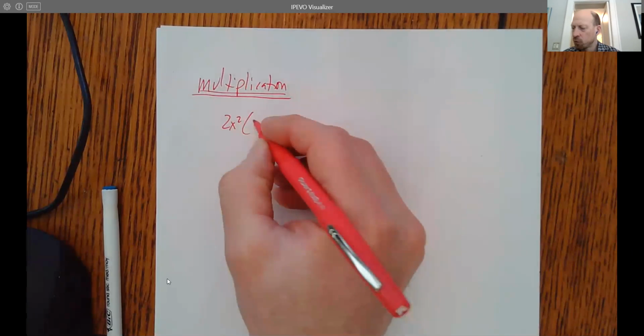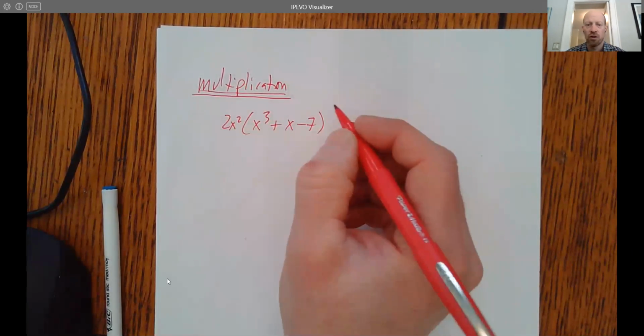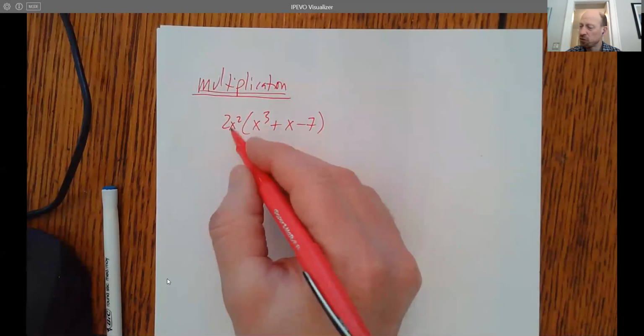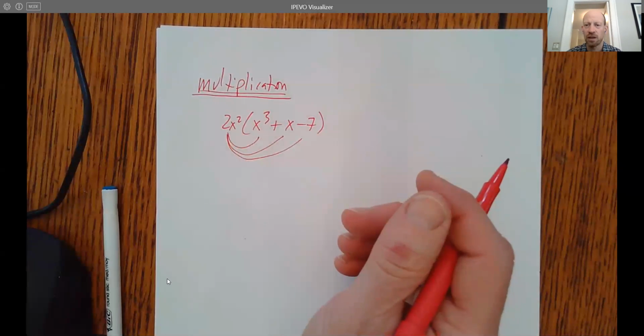So for instance, 2x squared times x cubed plus x minus 7, right? This is the distributive property. We have a single term on the outside, so that is going to get multiplied by all three of those terms on the inside.